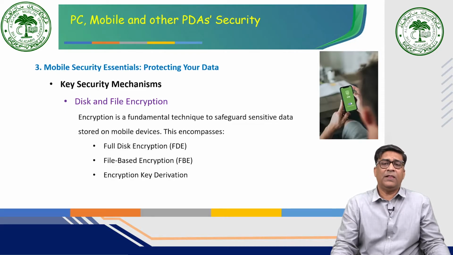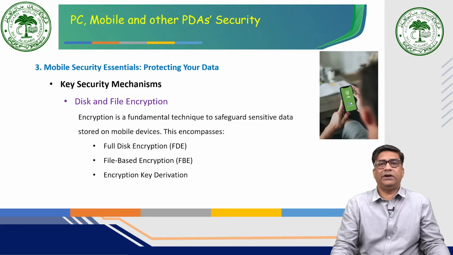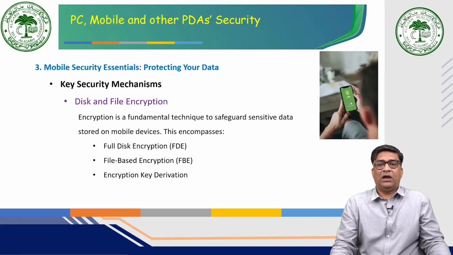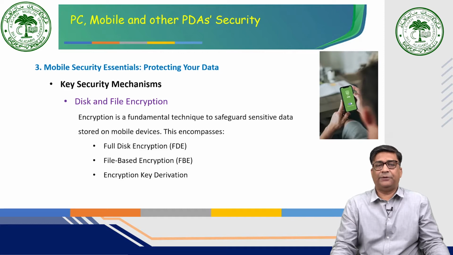Full disk encryption is implemented at the operating system level, and it encrypts all the data stored on the device. For instance, Android provides file-based encryption, and in the same way, iOS incorporates encryption for both the entire disk or the individual files that you want to encrypt. This provides comprehensive data protection against any theft or attack.